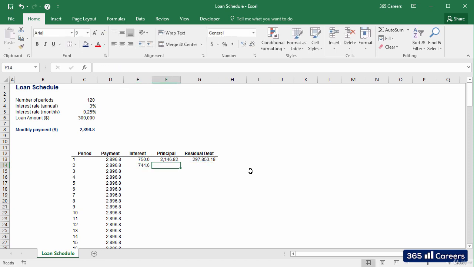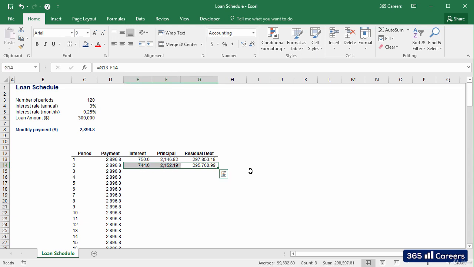Then I'll take the difference between the payment made and the amount of interest. This is the principal repaid in this period. Okay, let's calculate the amount of residual debt by taking the difference between the amount due before this period and the principal repaid during this period. Here's our residual debt after period 2.